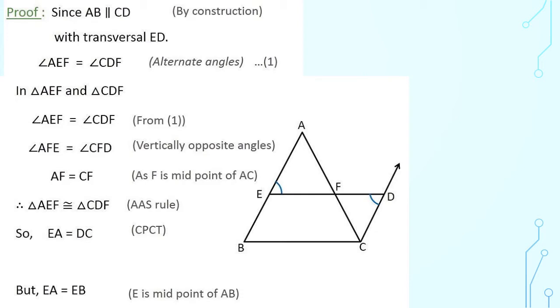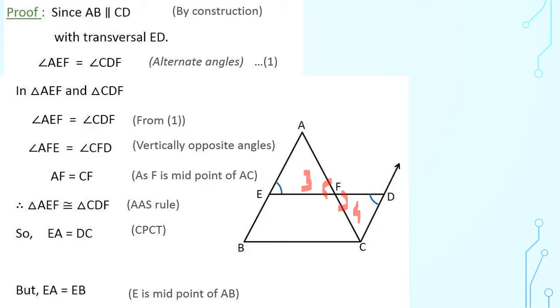Then let us take these two triangles AEF, this one triangle and this other triangle, and we are going to prove their congruency. So already we got one pair of alternate interior angles, right? Then we will see what else you can recognize from this figure. Is there any other pair equal? Yes, see, this pair is equal. 3, 4.